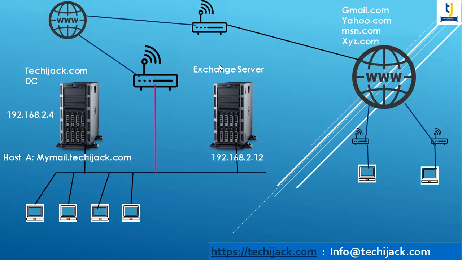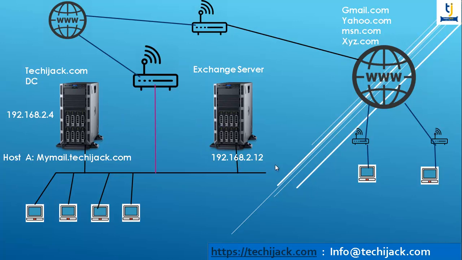But in our case we have neither an edge server nor a firewall. So the public IP is on my router, and all the required ports, like HTTPS, POP and IMAP, will be forwarded to the Exchange server, and the DNS port will be forwarded to the DC on this IP.